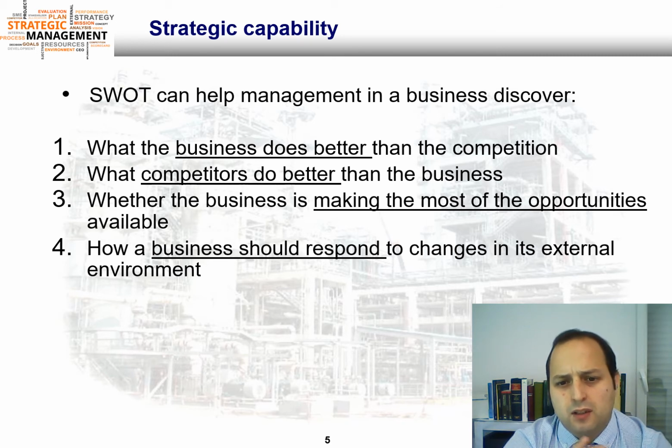First of all, to discover what the business does better than the competition, to be aware of the strengths of the company. Secondly, to discover what competitors do better than the business, which is both a weakness and an opportunity. Third, to discover whether the business is making the most of the opportunities available. And finally, how the business should respond to changes in the external environment.